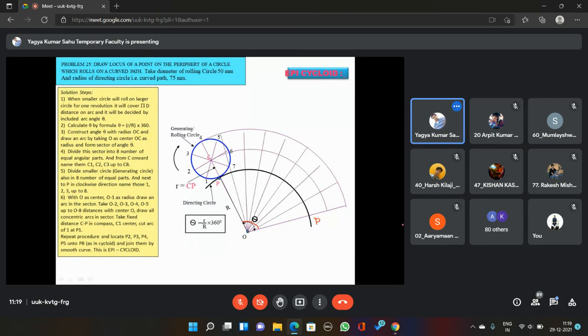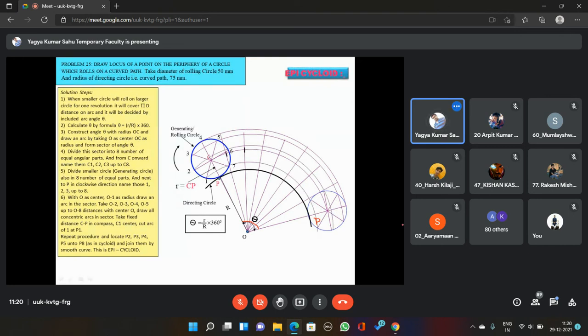Okay, like this. Then draw concentric arcs, for 1 and 7, for 2 and 6, for 3 and 5, and for 4, taking O as a center, changing the radius. And draw concentric arcs like this.